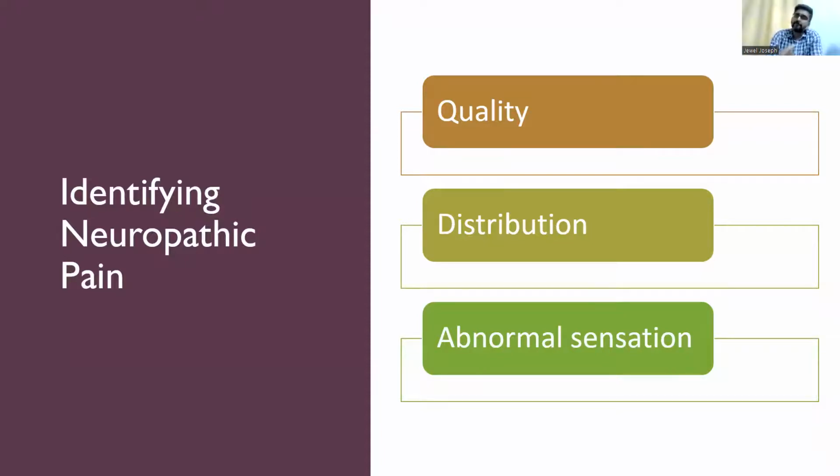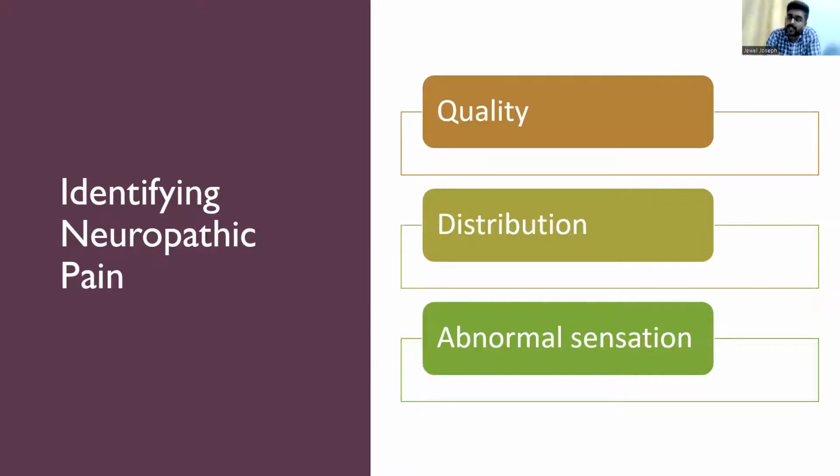Distribution is obviously the region of distribution of that particular nerve. So that is one thing that will give us a clue about the nature of the pain. Neuropathic pain is typically distributed to the distribution area of that particular nerve. There will be some abnormal sensation also. Two important abnormal sensations are hyperalgesia, which is increased sensitivity to pain, so that less painful stimuli will be perceived as severe pain, and allodynia.